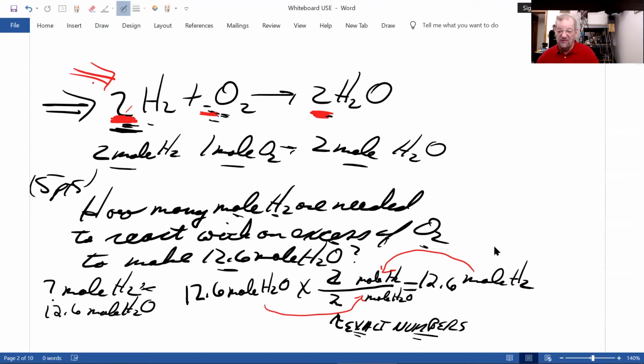Remember, I haven't done this in a while. Anything divided by itself equals 1. This cancels out. So we're left with moles of hydrogen, which is what we want. And then where do we get these numbers? From the balanced chemical equation. What's the relationship between moles of hydrogen and moles of water? For every 2 moles of hydrogen, you make 2 moles of water. 2 moles of hydrogen, 2 moles of water.